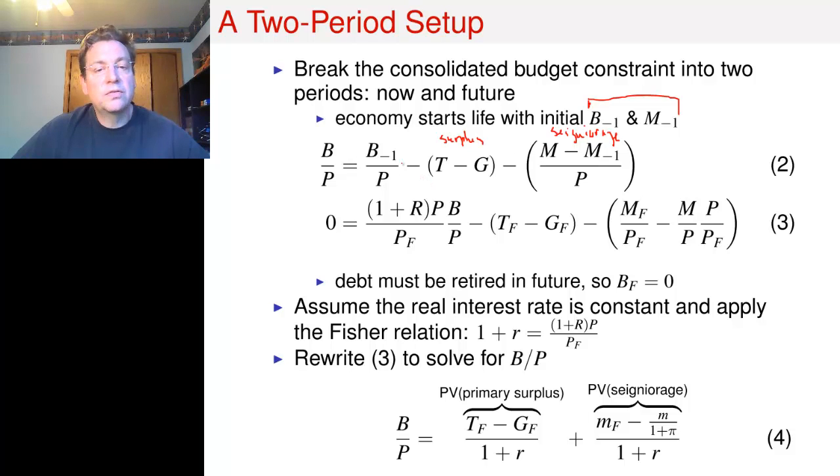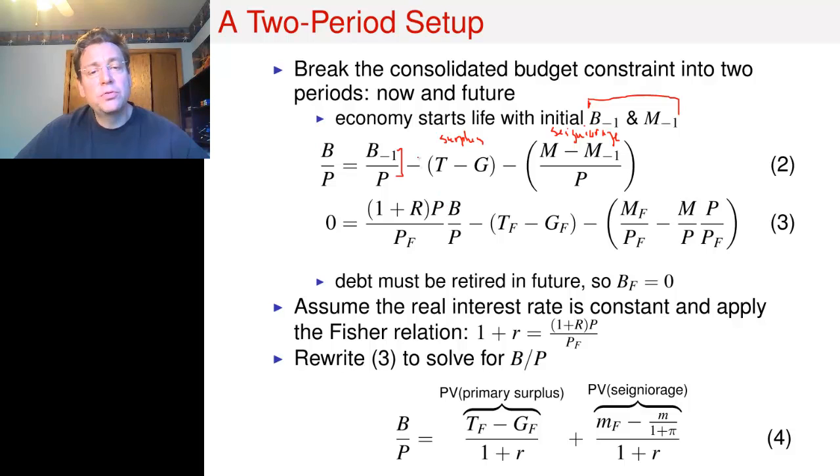And what this says is that if you're running a surplus in the current period, or you are generating seigniorage revenue in the current period, then those things can be used to help to finance this debt that the government has inherited. But anything above and beyond that, anything that can't be financed, has to be financed by issuing more bonds. So they're selling more. B is the bonds that they sell in that initial period.